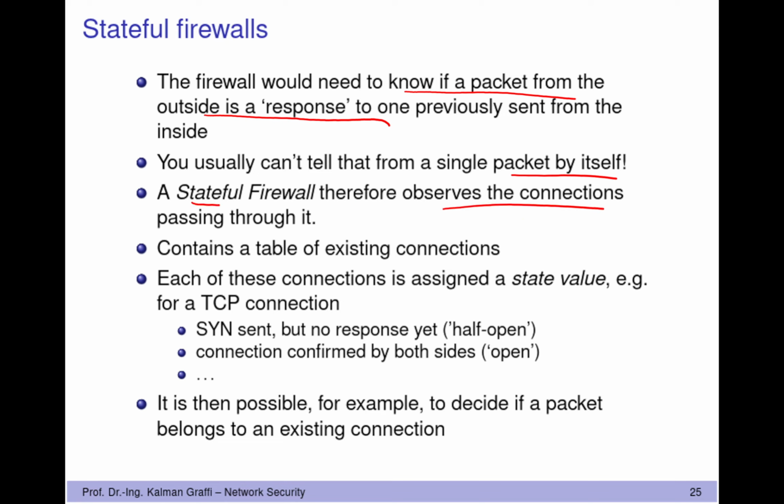It has a table for existing connections, and each of these connections is assigned a state value. So it keeps track of the situation this traffic is in at the current moment. Is it already established? Is it in the process of establishment? Has it been partially closed already? This is something that we want to see.